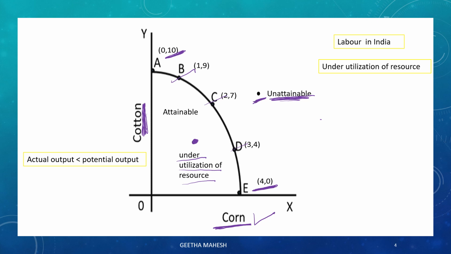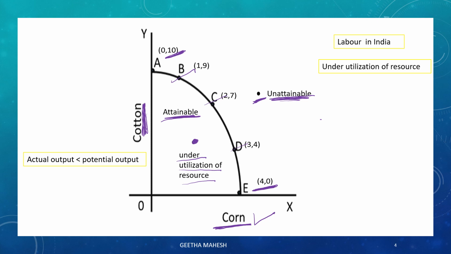So here we have two types of combinations of goods: one is the attainable combination, another one is the unattainable combination. Attainable combinations include all those combinations which lie on the production possibility curve and which lie below the production possibility curve.